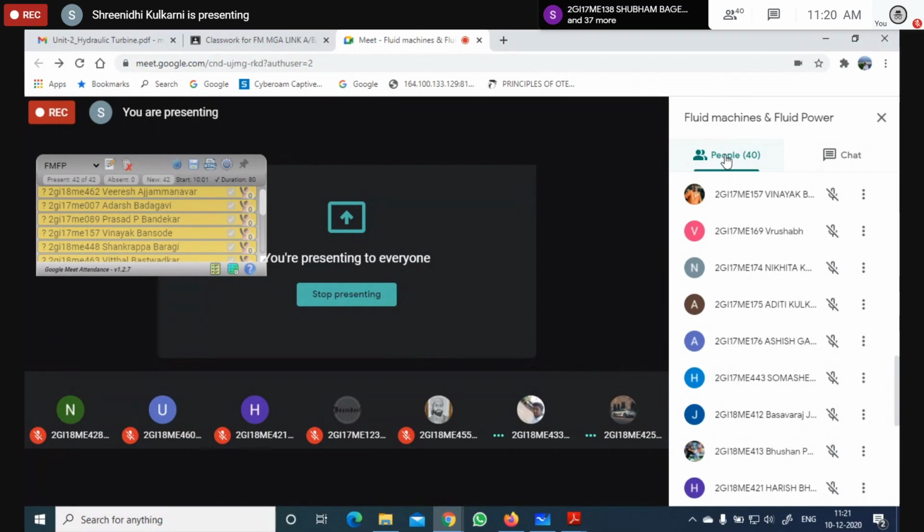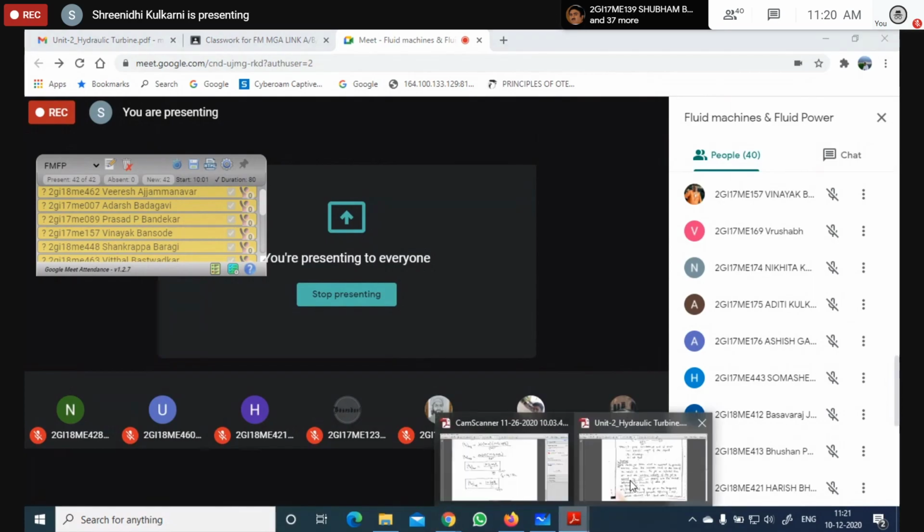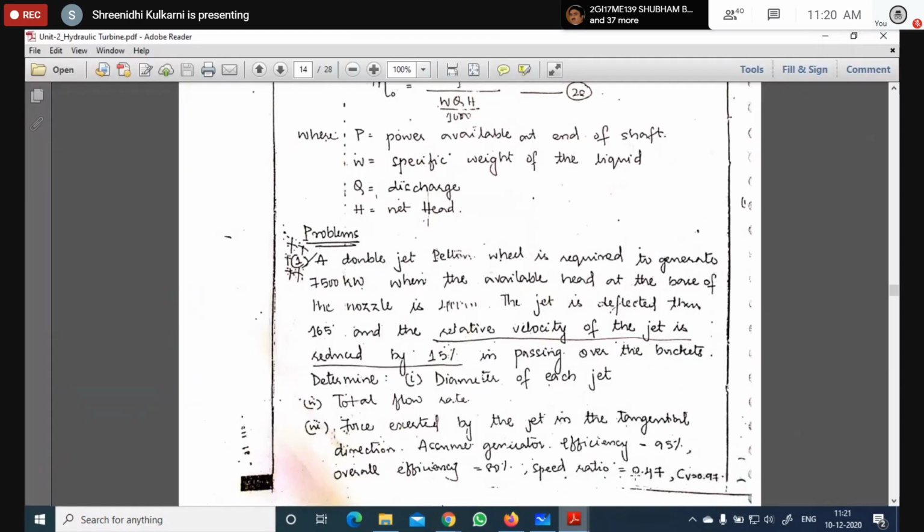CV is nothing but the coefficient of velocity. The value varies up to 0.98. So it is given as 0.97. Take down: CV is 0.97.